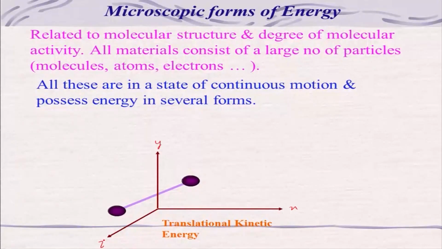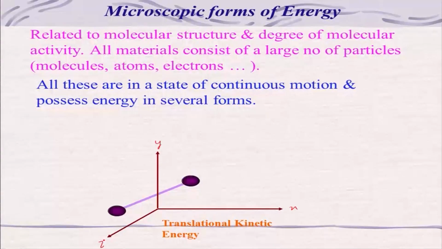This molecule can move in the x direction, the y direction or the z direction. Whenever it is moving in a particular direction, it is known as translational energy, because it is moving and, as it is moving, it possesses certain kinetic energy, and this kinetic energy is known as a microscopic form of energy.